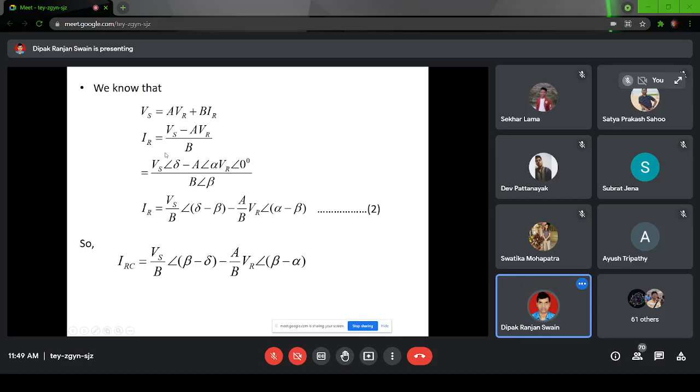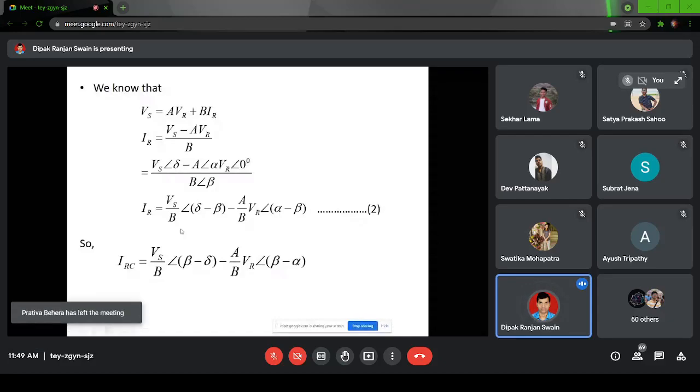So for IRC, the magnitudes remain the same, but the angles are negated. Here delta minus beta becomes beta minus delta, and alpha minus beta becomes beta minus alpha. So in IRC, the original angles are only changed to their negative values.